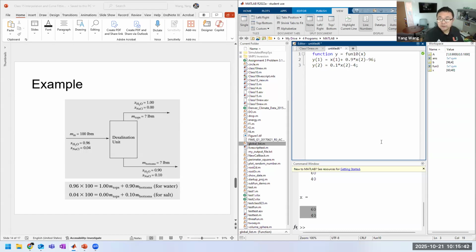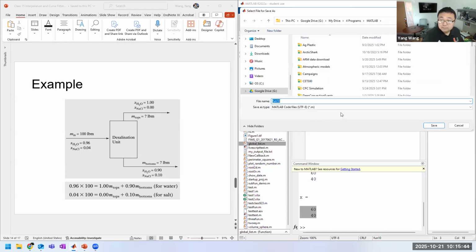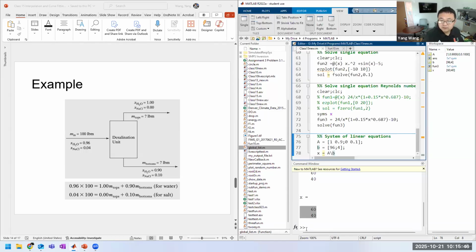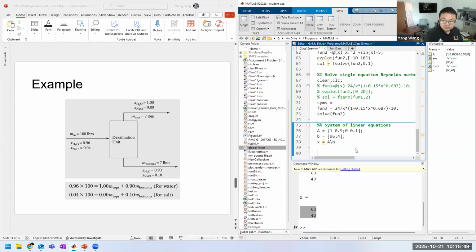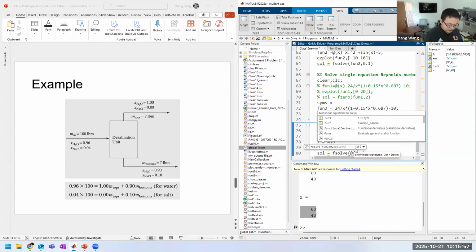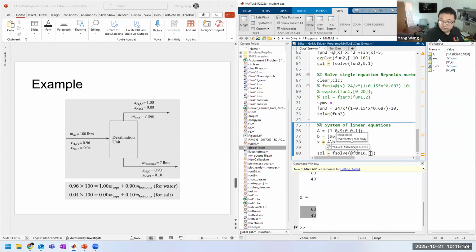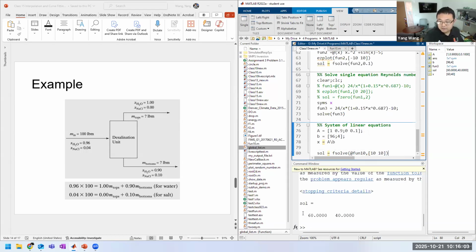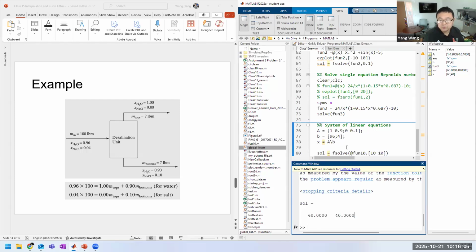Okay, so these are our two equations. We have to define this function, and then solution being fsolve at function 10, and then we need to give it an initial guess. So make it 10 and 10, right? So this is the solution, x1 and x2.